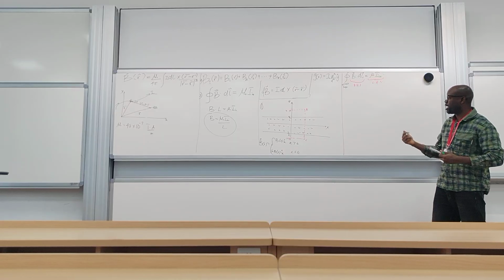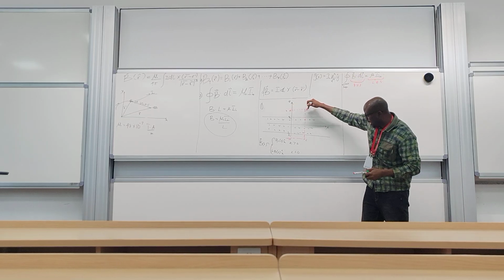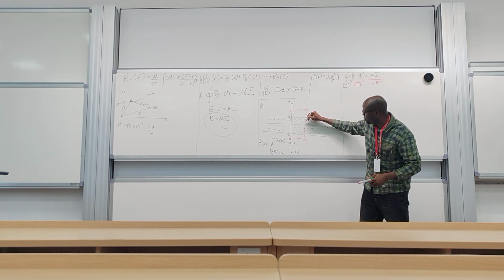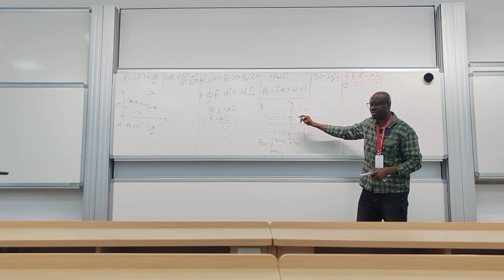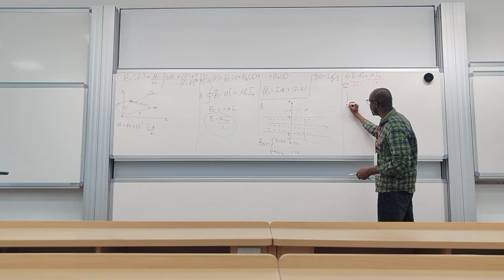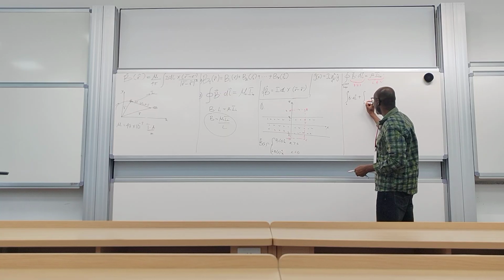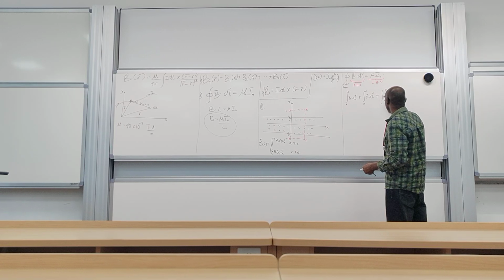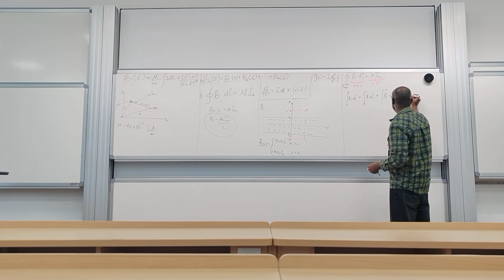For this, we have this expression over the entire Amperian loop: going from A to B, from B to C, from C to D, and from D back to A. So this becomes the integral of A to B of B dl plus the integral of B to C of B dl plus the integral of C to D of B dl plus the integral of D back to A of B dl.